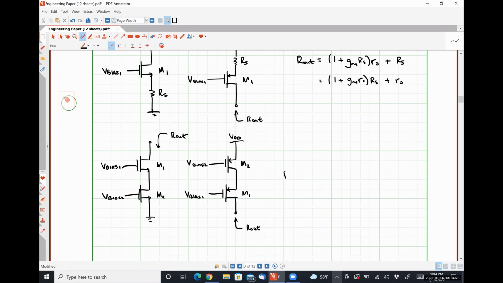And in either case, our output resistance is R01 plus R02 plus gm1 R01 R02, which is approximately gm1 R01 R02, as we saw in 335.